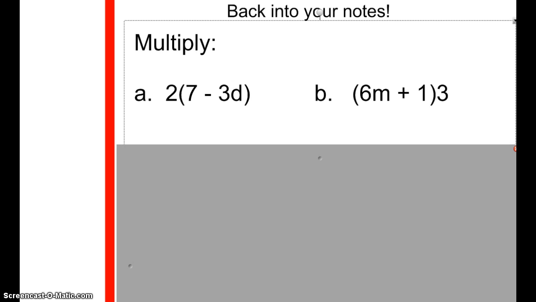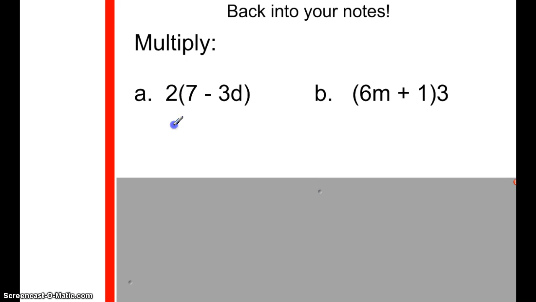So let's just try a couple of examples. If you need to draw the picture out, do. I'm just going to do it with arrows. Okay, so here's my box. I've got 2, and then I've got 7 and minus 3D. Oh my word, now there's numbers in front? Yeah, but it's okay. What's 2 times 7?